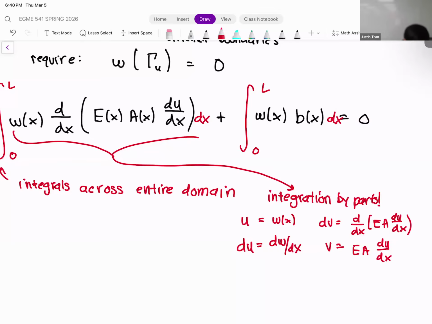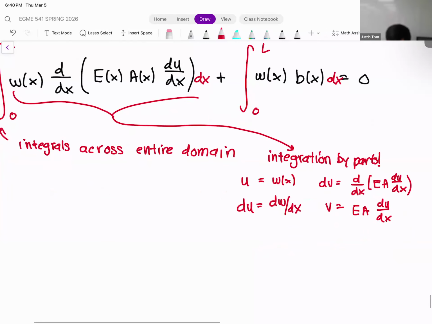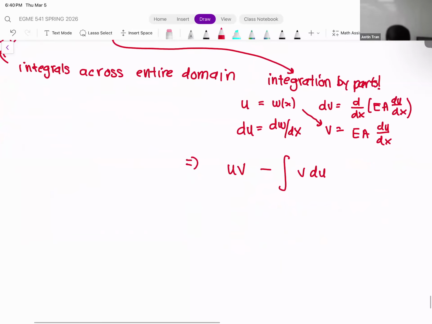Then we take our u and v parts and multiply them together. Our integration by parts is essentially u times v minus the integral of v times du. You may have to go back all the way to Calc 1 or Calc 2 to remember that. So let's go ahead and plug those in.